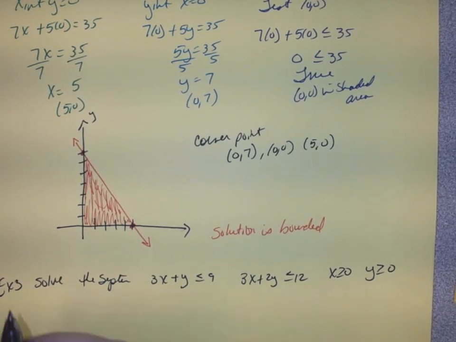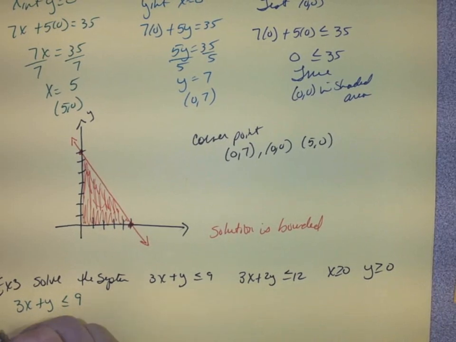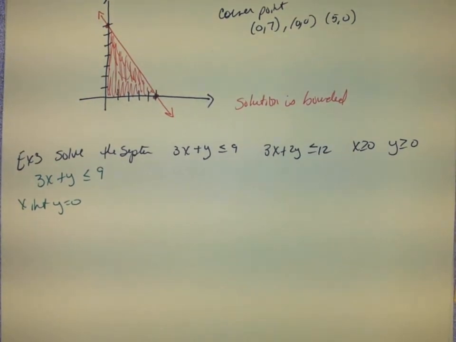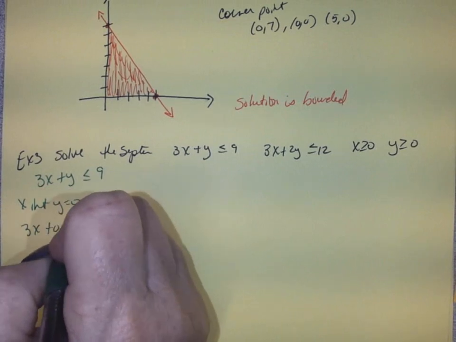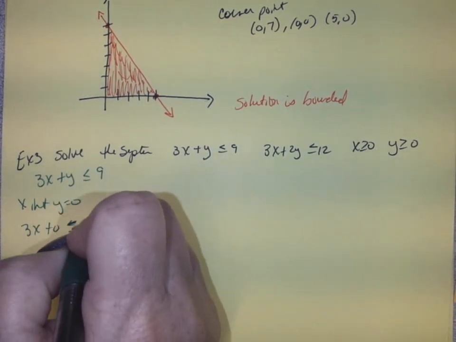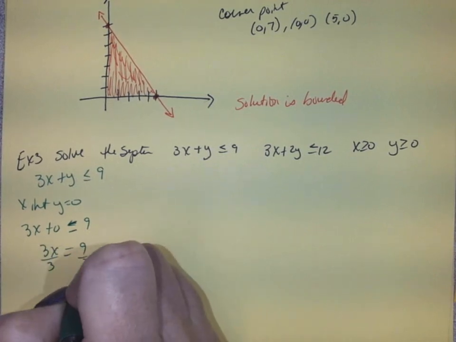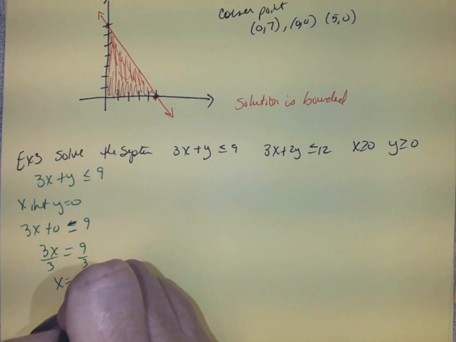All right, so for our first equation of 3x plus y less than or equal to 9, first thing, x-intercept, y equals 0. So we get 3x plus 0 equal to 9. So 3x equals 9, divide by 3, x equals 3. So our intercept will be 3, 0.